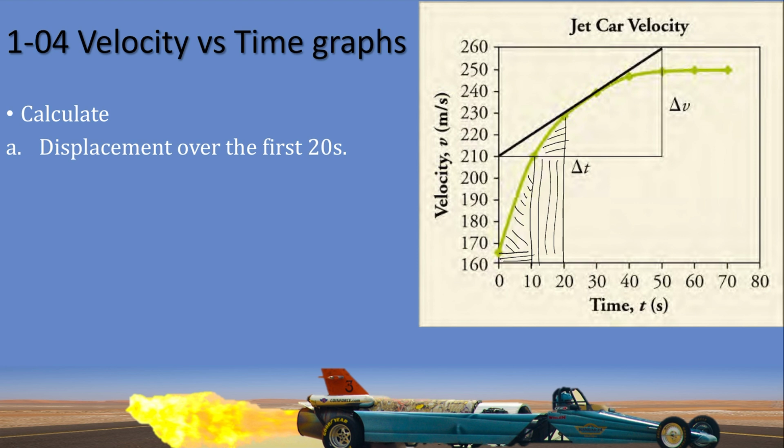So let's start by calling this one triangle 1. 1/2 base times height. Oh, looks like I need some coordinates here. Let's say this one is 0, 165.